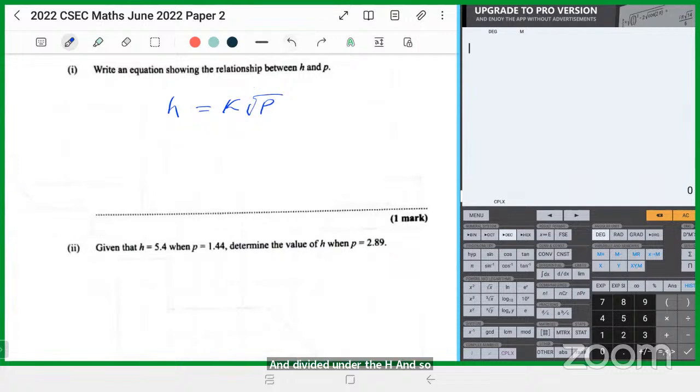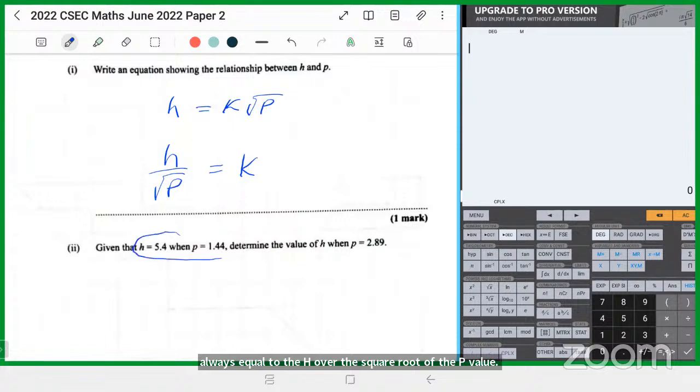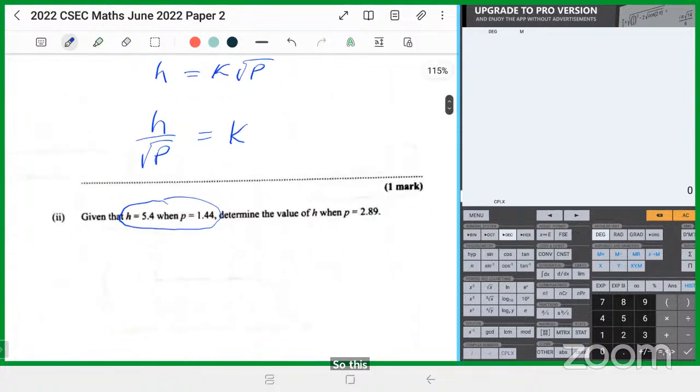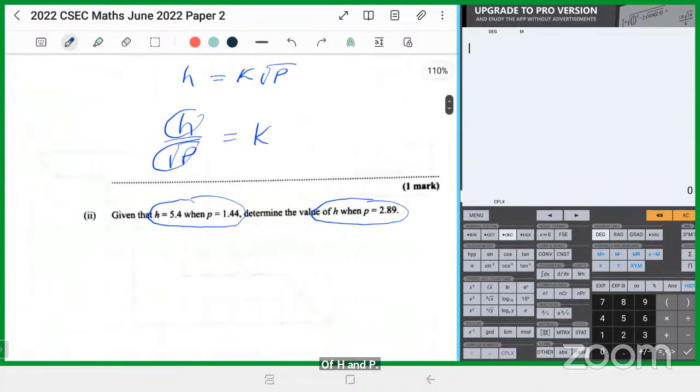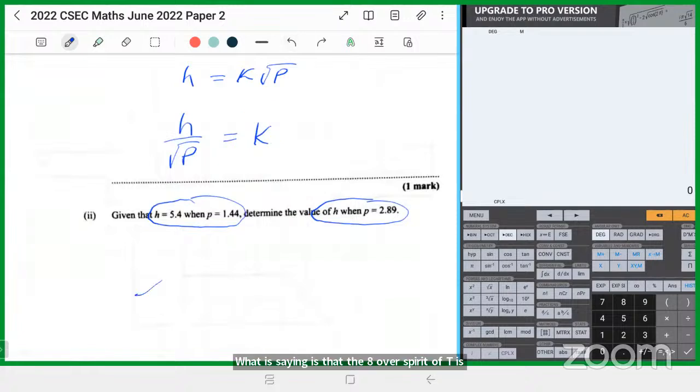The k is always equal to h over the square root of p. This pair of h and p gives us the same k when we set it up the same way with this other pair. The h over the square root of p is a constant value for any pair.